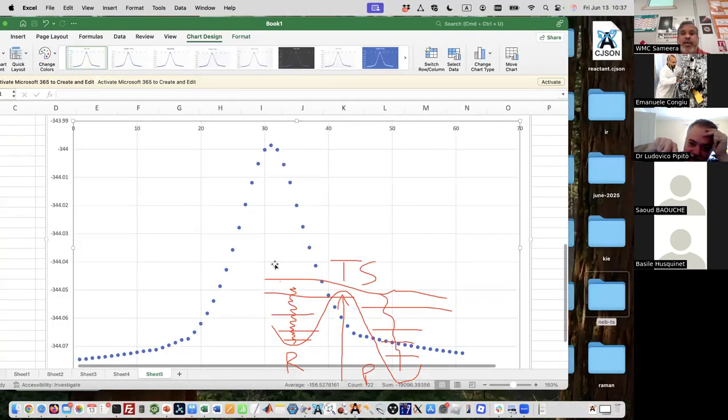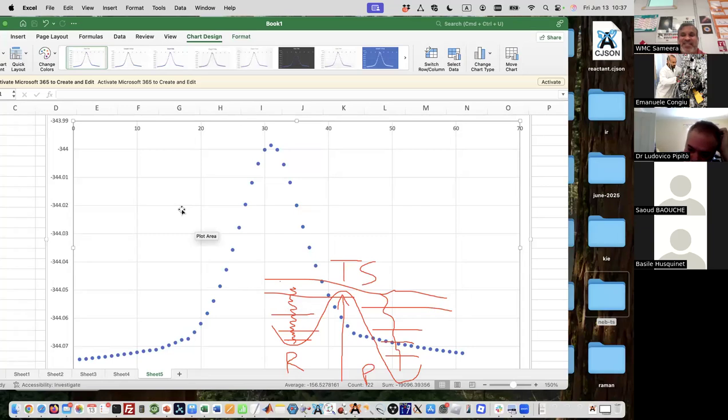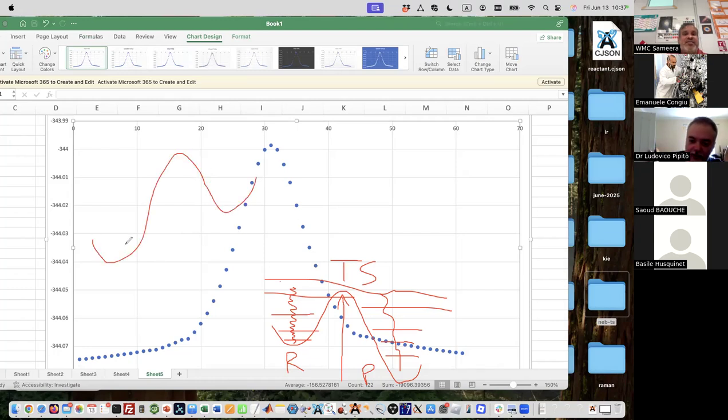If you look at the two minima, from the product and the reactant, it looks like the product on the right is a bit higher. So that is an endothermic process. This indicates that it is endothermic.